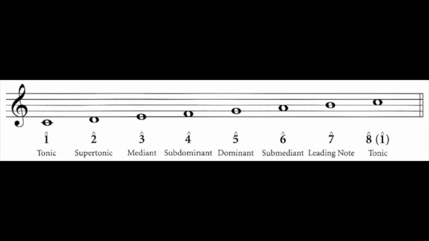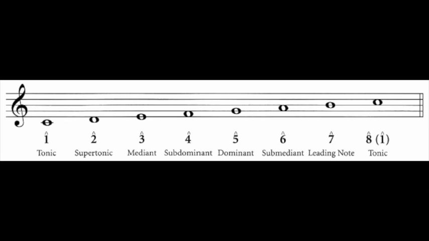If you remember tonic and dominant, which is 1 and 5, the mediant is right in the middle of those, and that's 3. The supertonic is 1 above the tonic. The subdominant is 1 below the dominant, or the 4.